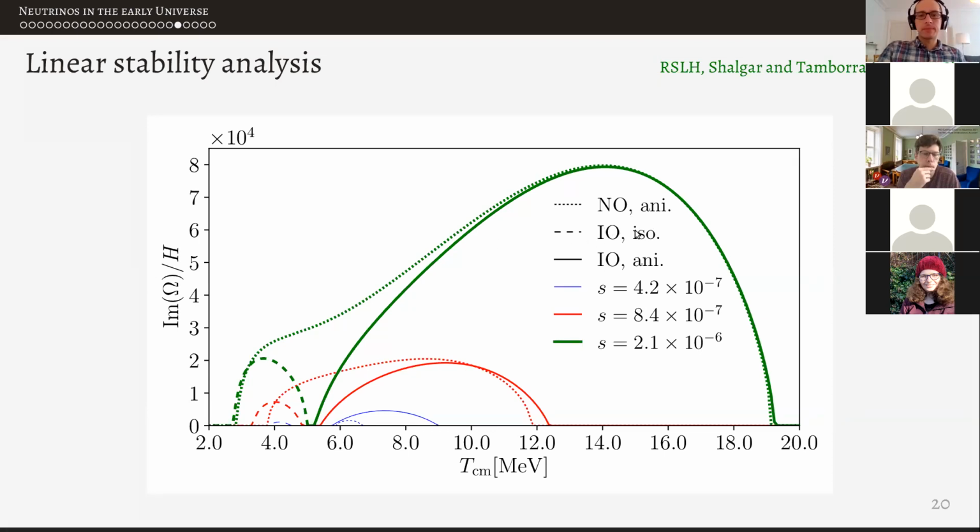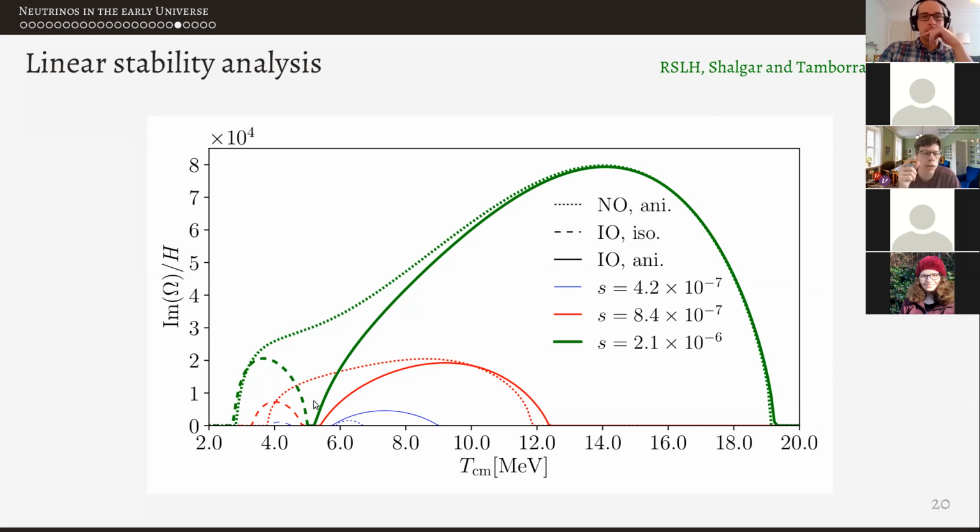At higher temperatures, the anisotropic mode for the inverted mass ordering is the unstable one, or the exponentially growing one. And at lower temperatures, it's the isotropic one that is the exponentially growing one. So there's a very good reason why we have this feature at 5 MeV.